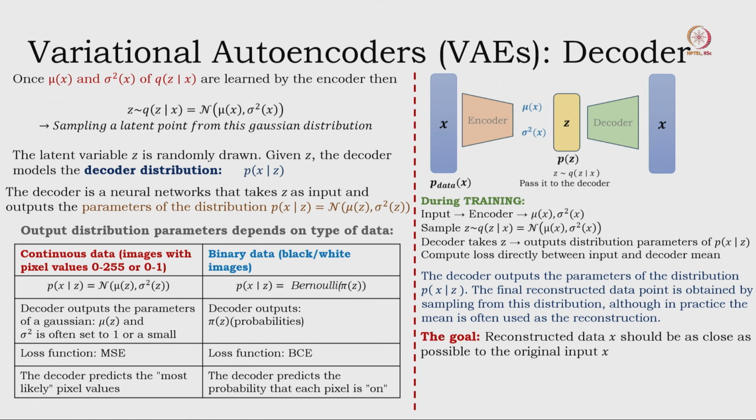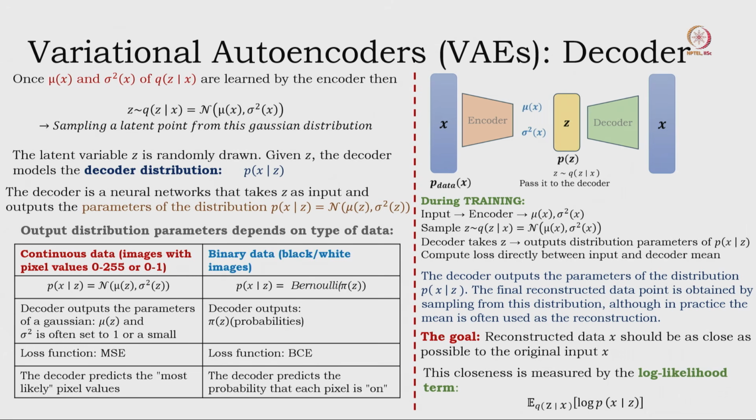Now, what is the goal here? The goal is reconstructing the data, and the reconstructed data that we obtain from the decoder should be as close as possible to the original input x. This closeness is often measured by log likelihood.